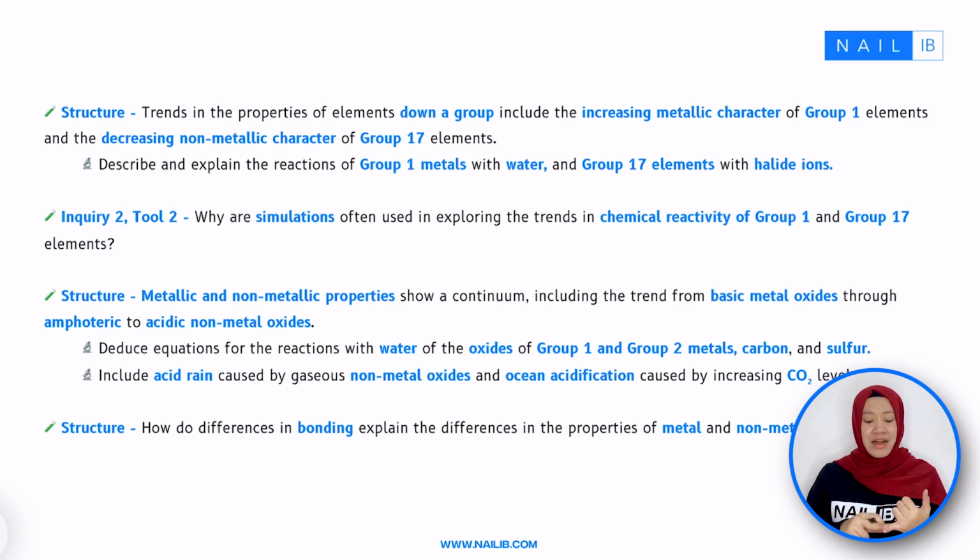There are ionization energy, atomic radius, ionic radius, electronegativity, and electron affinity. So in the next video, I'm going to explain about the reactions of group 1 metals with water and group 17 elements with halide ions. Also the equations for the reactions with water of the oxides of group 1 and group 2 metals, carbon and sulfur, also acid rain and ocean acidification, right?